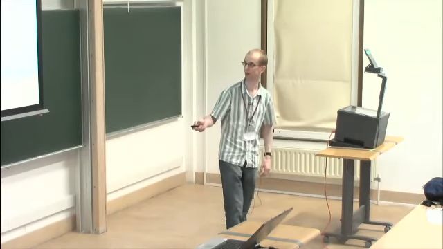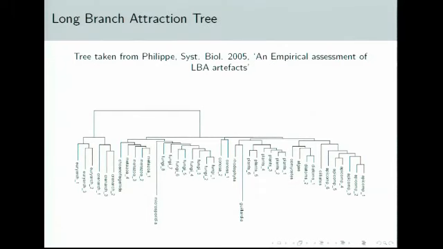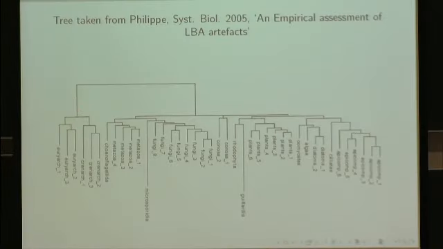I generated some synthetic genes just using seq-gen from this tree taken from this paper. You can see there are actually 3 long branches here. We've got a long branch to the archaea outgroup, and then we've got 2 long branches here, microsporidia there.